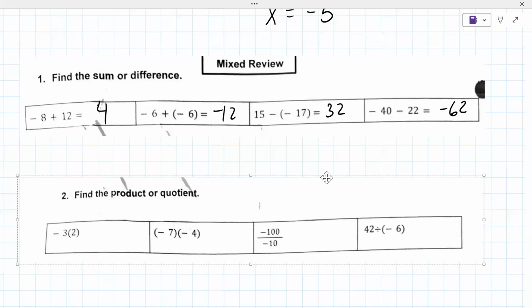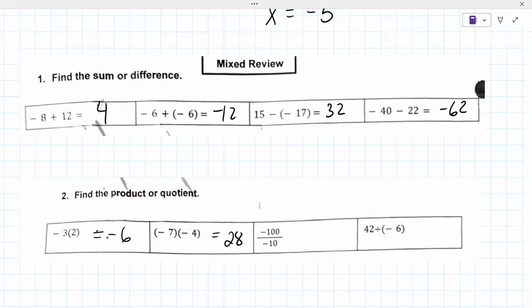All right, how are you doing on this grouping of questions? So for the first part it was -6. And then 28, good.